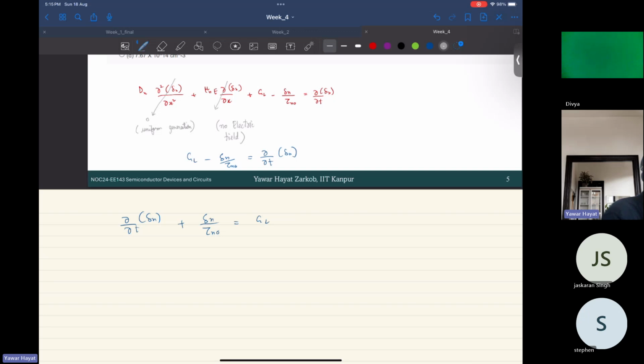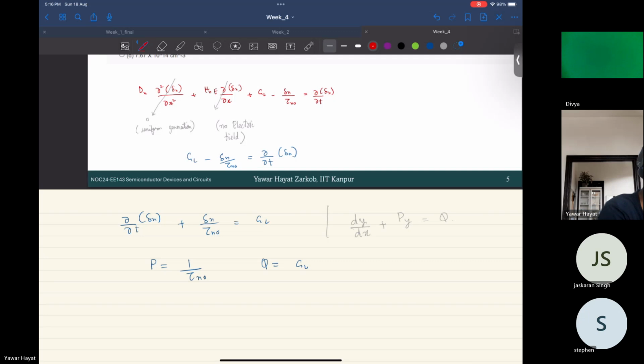Now you can compare this with the standard equation dy by dx plus py equal to q. We used to compute an integrating factor, right? I'll do a similar thing. In this case my p is 1 by tau n0, and my q is GL, right?